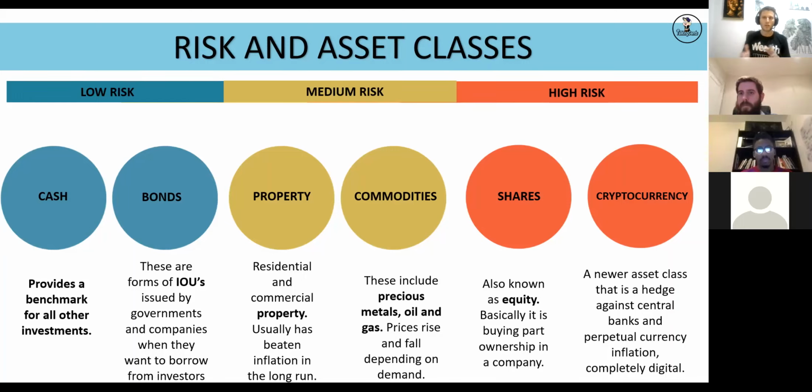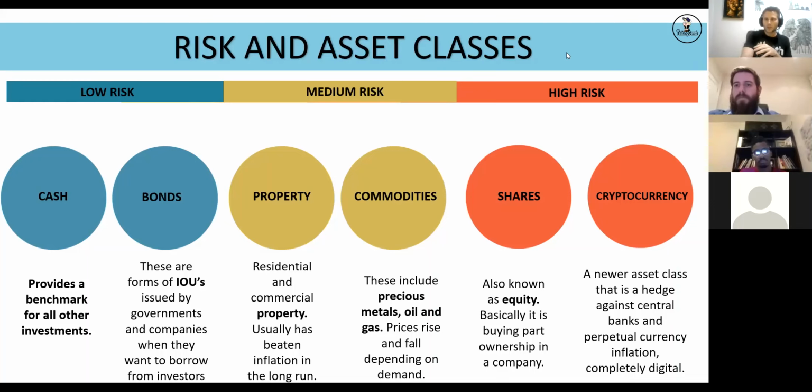So these asset classes can find themselves in higher risk spectrums or lower risk spectrums. It also depends on the economy that you're investing in. Commodities like oil, gold, wheat, sugar, silver, the things that we use on a day-to-day basis, that is commodities. So they are medium to high risk too.